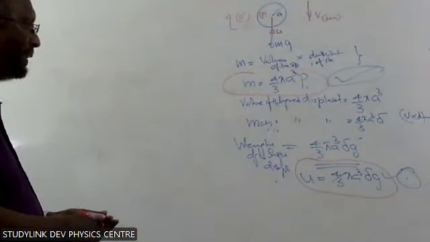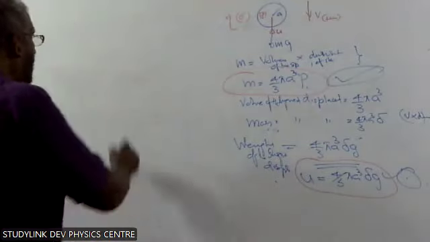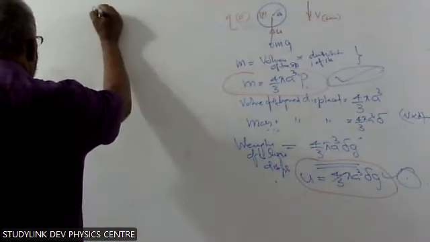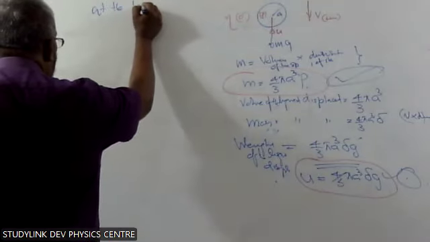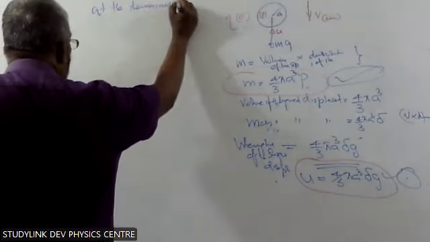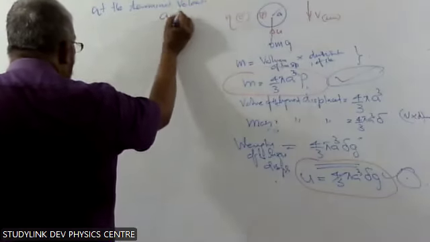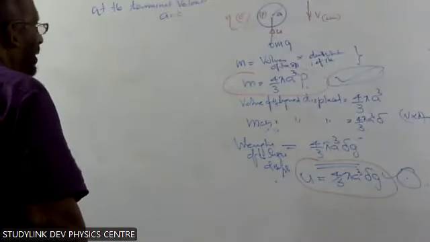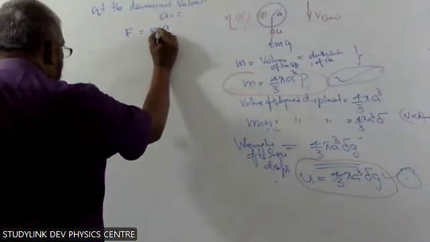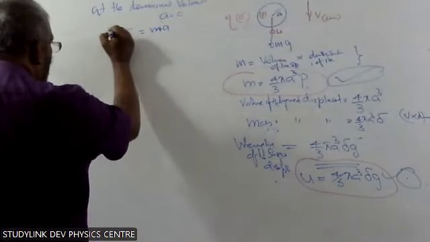Right. Now, see what is happening. Now, we can apply F equals ma at the terminal velocity. At the terminal velocity, a is equal to 0. So then F equals ma, simple method. Sometimes different statements are given and this is the easiest way.